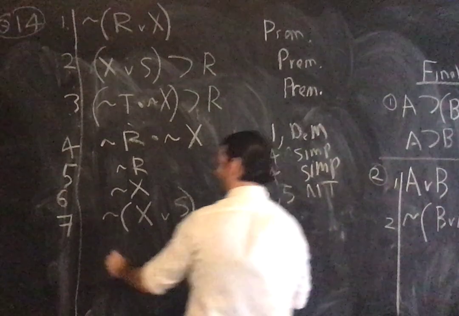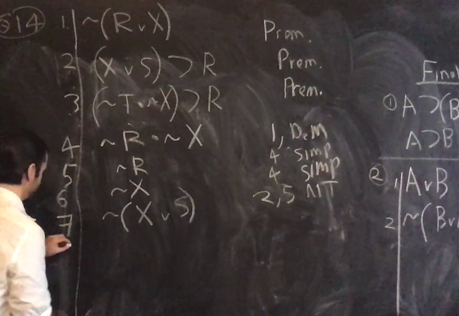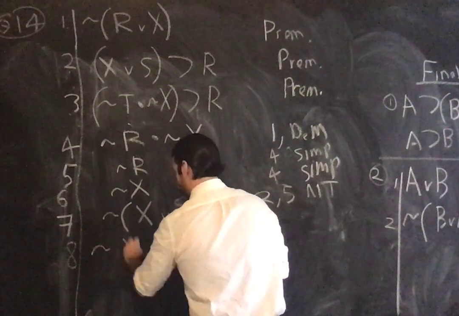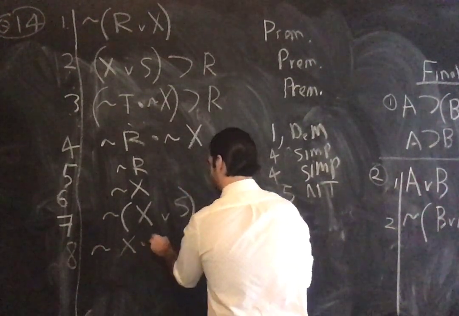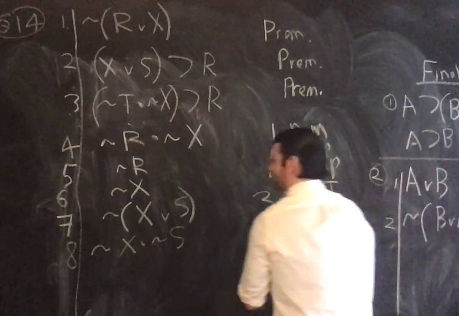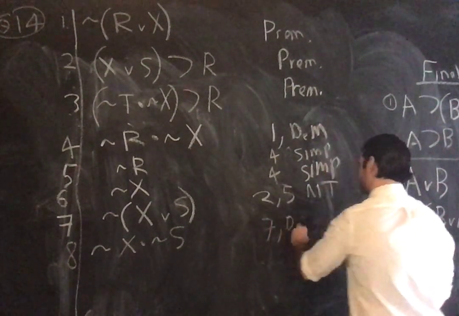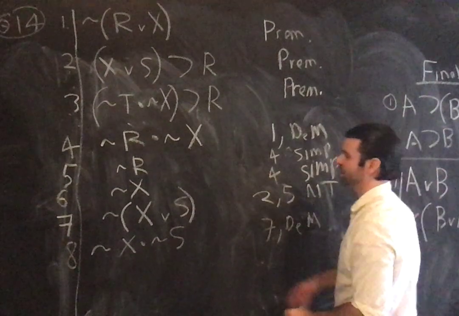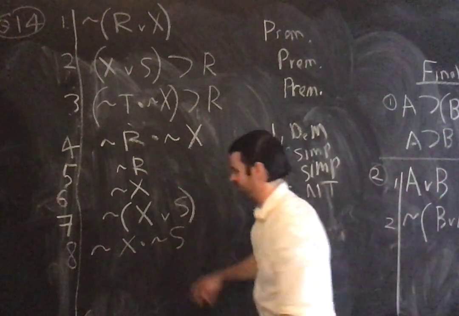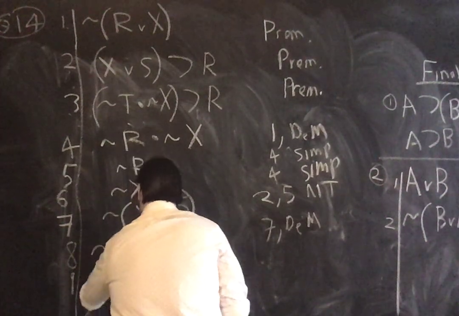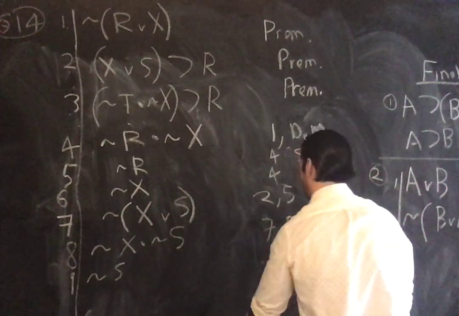That's another smiley face. It's a negated disjunction, so I'll go ahead and do 7 De Morgan's. Okay, I've already got not X, so I'll only simplify to not S. Not S, 8 simp.